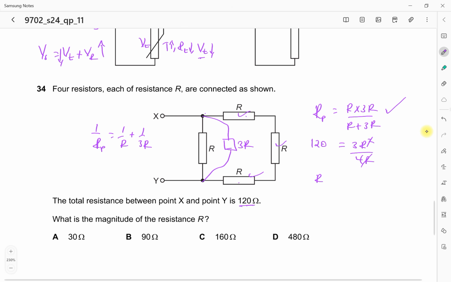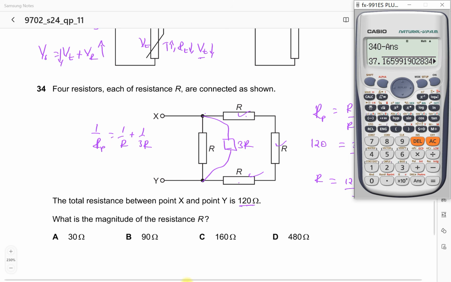So making R the subject, R is going to be 120 times 4 divided by 3, which is 40 times 4. I think 40 times 4 is 160. We have 120 times 4.